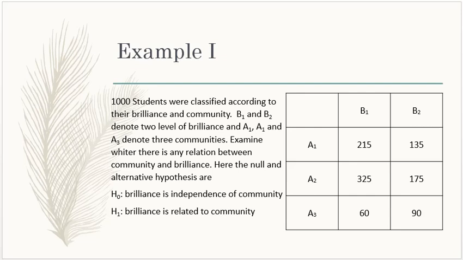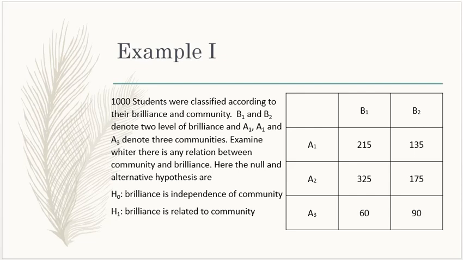Brilliance has two options, B1 and B2, and community has three options, A1, A2, A3. So a student belongs to one of the combinations, A1 B1, A1 B2, A2 B1, and so on. The number of persons among these 1,000 belonging to each group is given in the table.